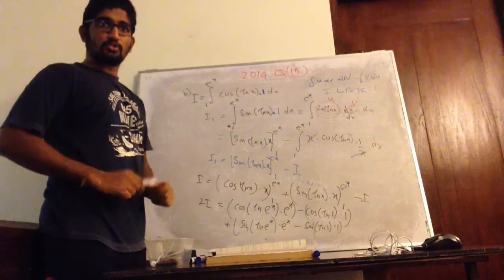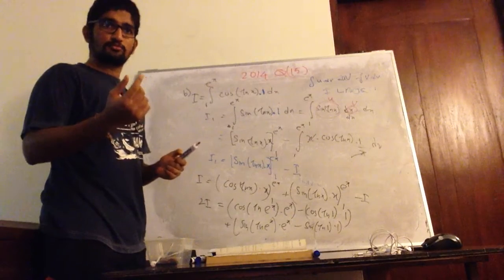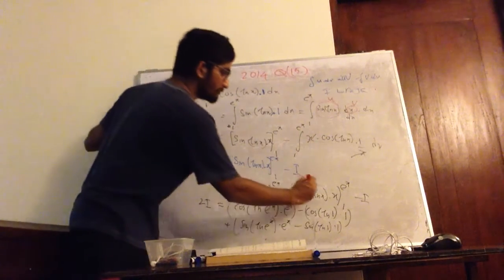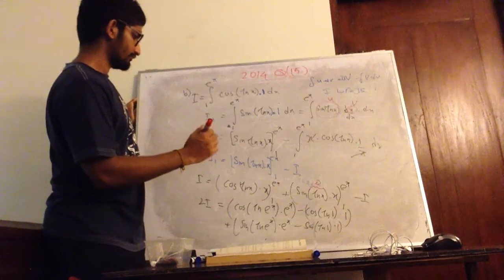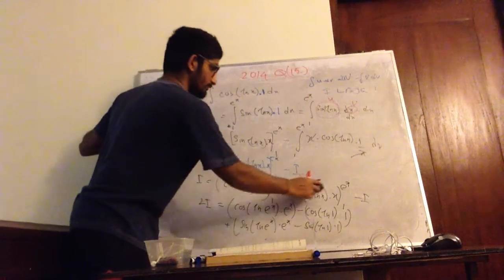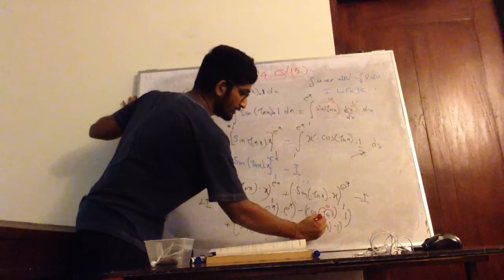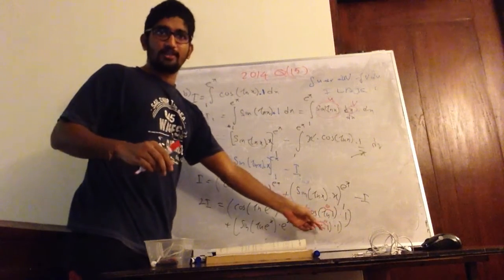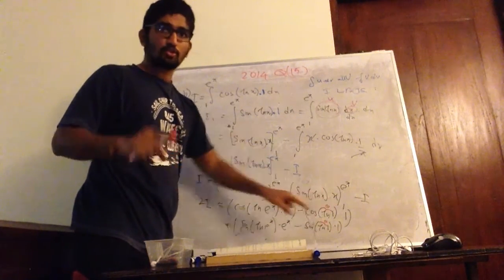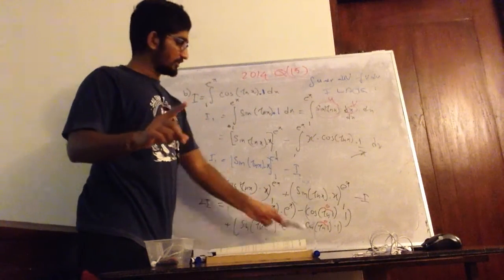So now ln 1 is what? Ln 1 is 0, no? So this part is 0. That means cos 0, it does not mean this whole part is 0. Cos 0 is 1. Sin 0 is 0.